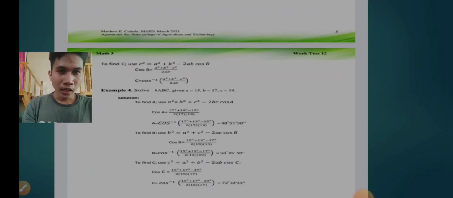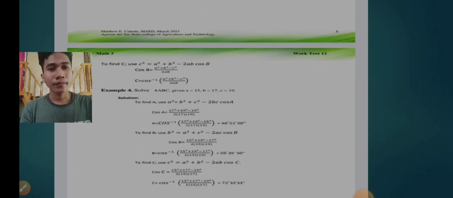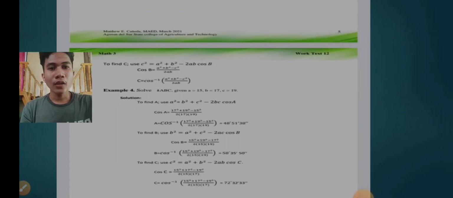So to find C, take cosine inverse of 15 squared plus 17 squared minus 19 squared over 2 times 15 times 17. The result is 72 degrees 32 minutes and 33 seconds.